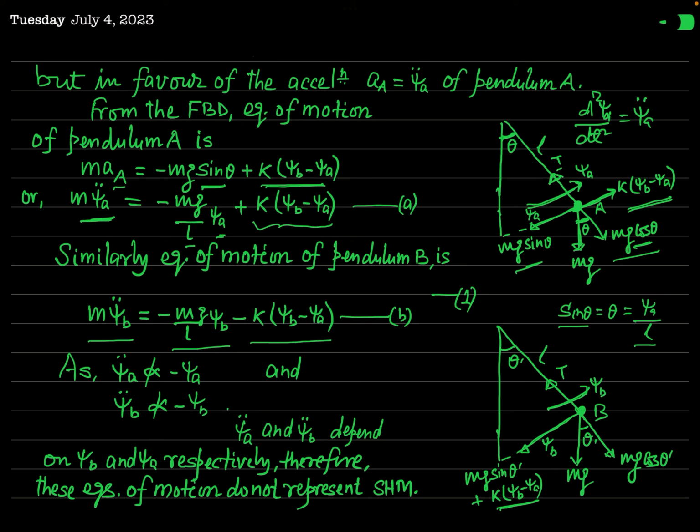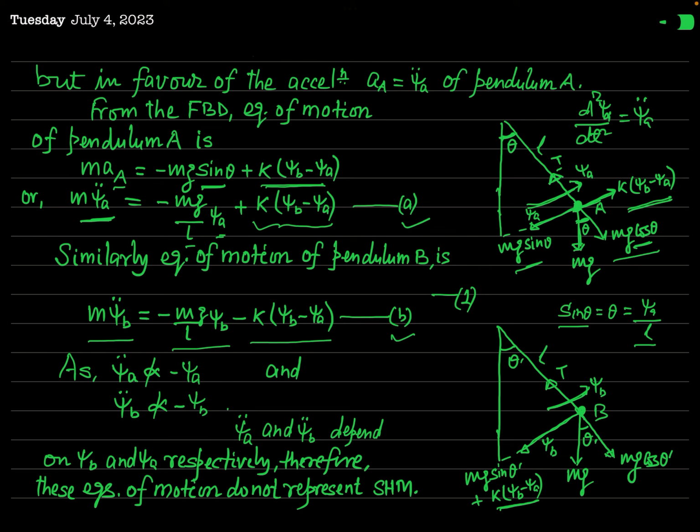Now seriously see these two equations, that is equation number 1a and 1b. What are you observing? As you know, in case of simple harmonic motion, the acceleration of the particle or the oscillator is directly proportional to its displacement and oppositely directed. But observing these two equations of motion, can you say that the situation is like that?